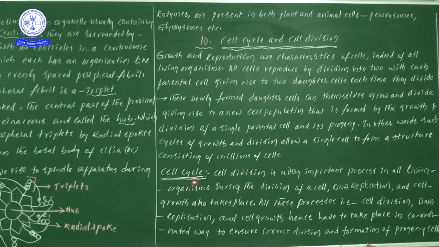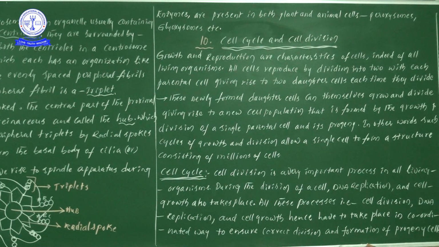Next one is cell cycle. Cell division is a very important process in all living organisms. Important point: cell division is a very important process in all living organisms. During the division of a cell, DNA replication and cell growth also take place.